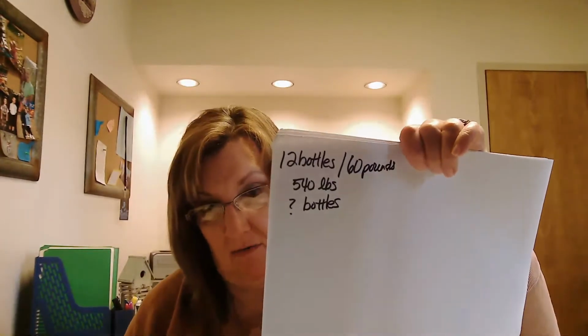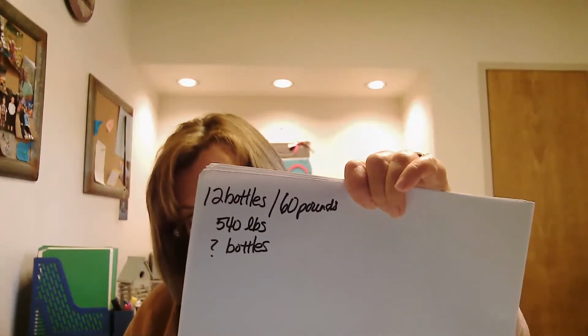If the winemaker picks 540 pounds of grapes, how many bottles of wine can be made? Round to the nearest whole bottle. So we also have another sentence. We need to know that he picks 540 pounds, and then we need to know how many bottles. That's how I would write that to start with.